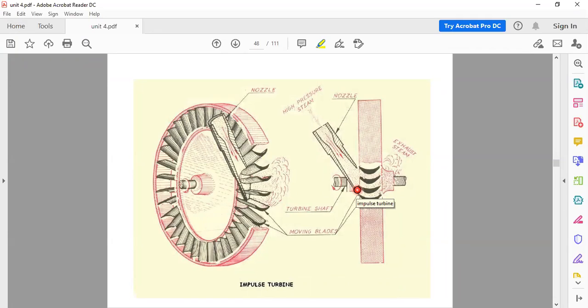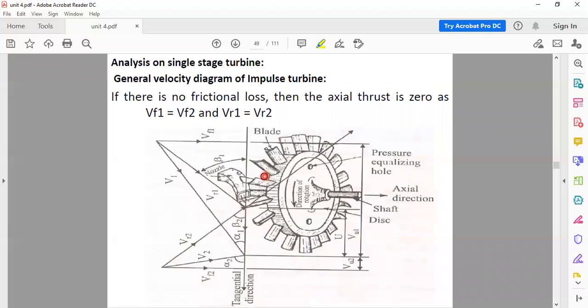In this diagram, we have seen steam impacting on the impulse turbine moving blade.